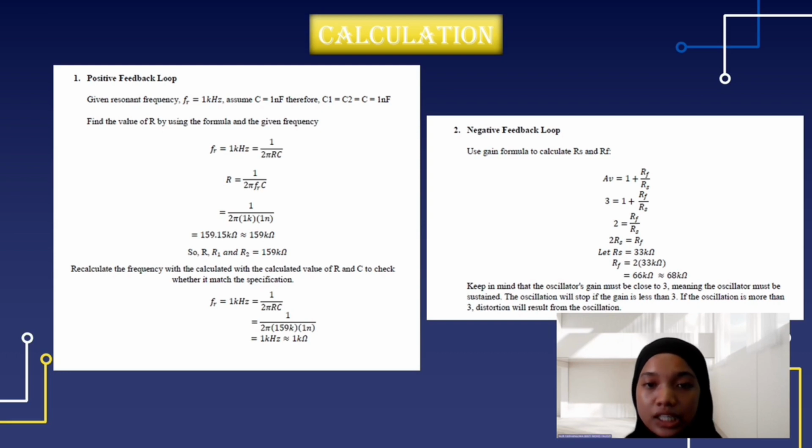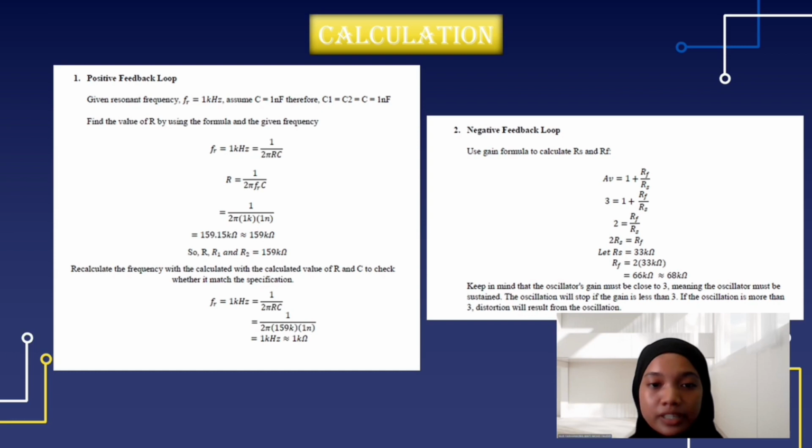And calculate 1 per 2 pi multiplied by 1 kHz multiplied by 1 nanofarad. And the answer is 159.15 kilo ohm. The nearest standard value is 159 kilo ohm. So R1 and R2 are 159 kilo ohm.